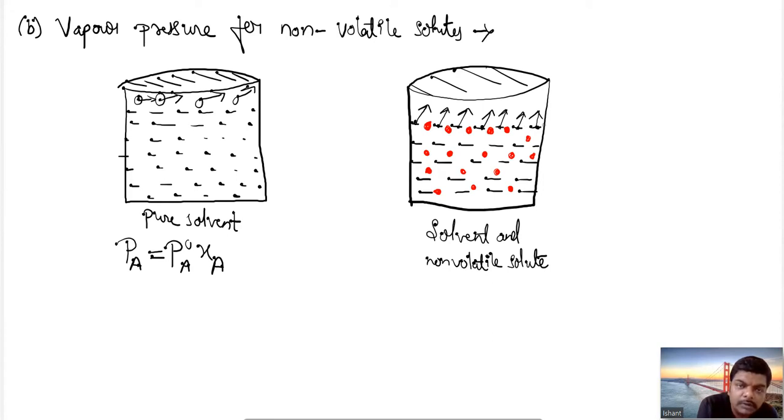Due to this, the vapor pressure will readily decrease.